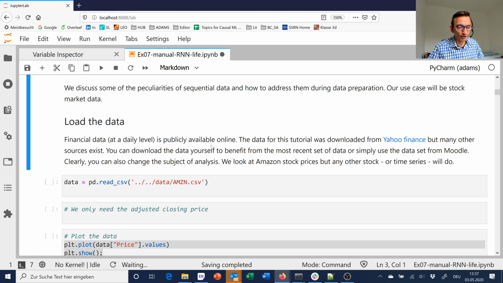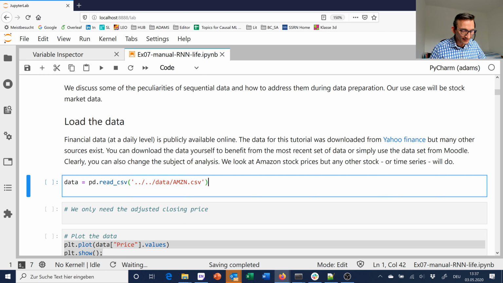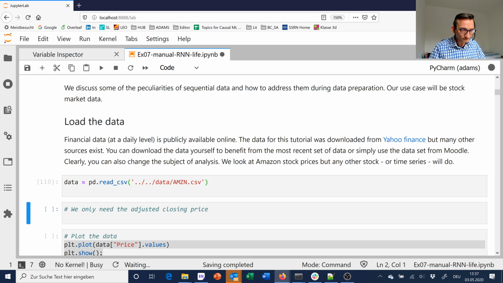And if you would rather predict not stock prices, but some other time series, that's clearly possible, or if you want to predict some other stock, that's easily done. You can change this data. It's very straightforward. Anyways, I'm using the Amazon data. Let me read that from my data file.